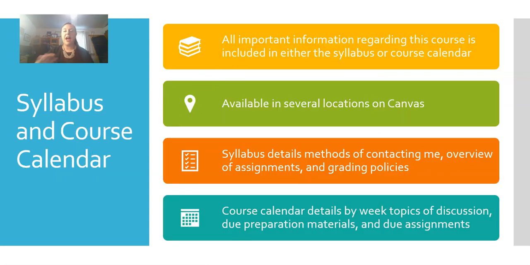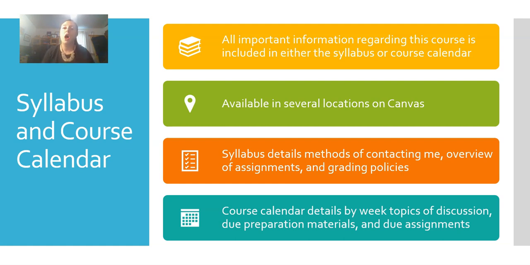All right, so now that I have laid down the approach for our English 2010 course and given a brief overview of how exactly we're going to do that, I want to switch gears and start talking about the syllabus and the course calendar. We will look at both of those documents in greater detail in just a moment, but I wanted to bring up some discussion points first.